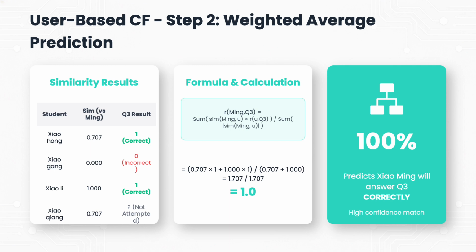Plugging in the numbers, we get 0.707 times 1 plus 1.0 times 1, divided by 0.707 plus 1.0. This simplifies to 1.707 divided by 1.707, which equals 1.0. So, user-based CF predicts that Xiaoming has a 100% chance of getting question 3 right.